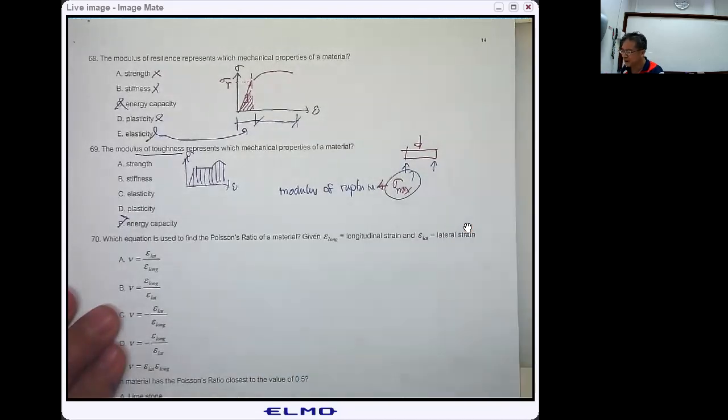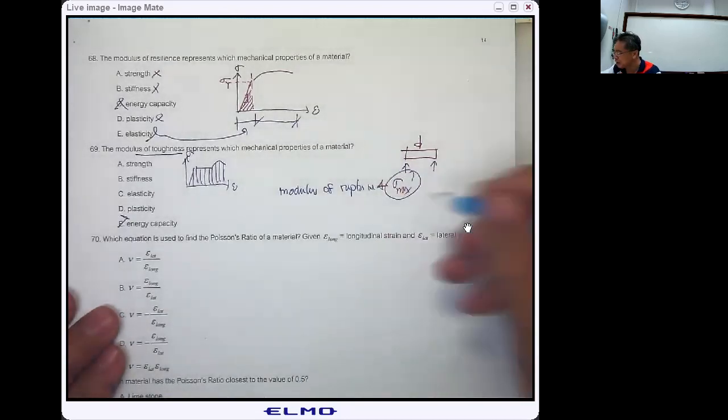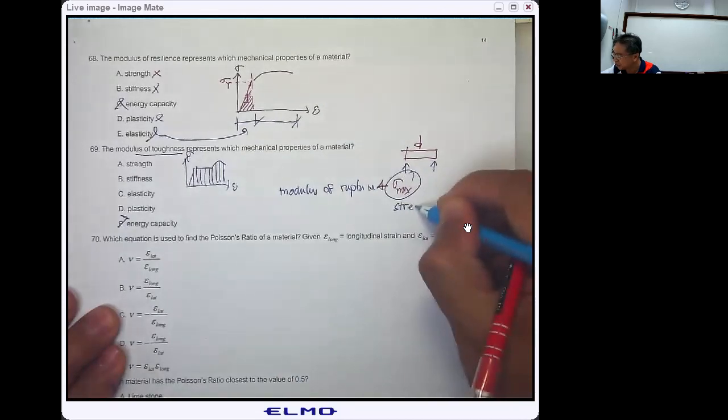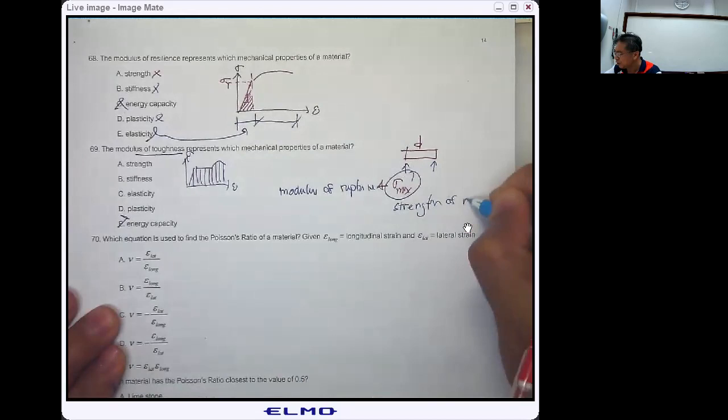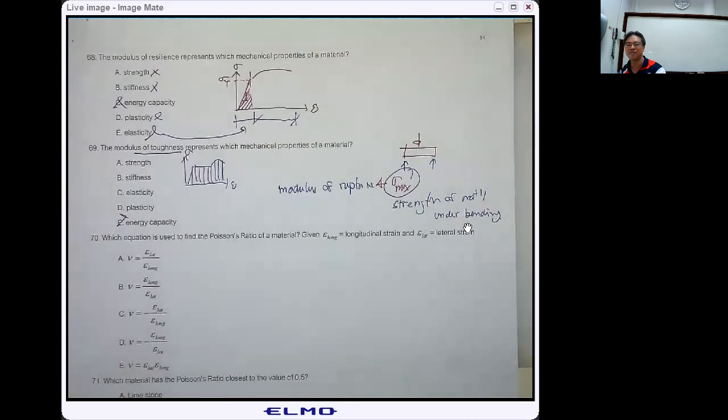So most of the time, if we're talking about the modulus of rupture, it is the strength of the material under bending or under flexion. It's different from the strength of material under tension. This is the strength of material under flexion.